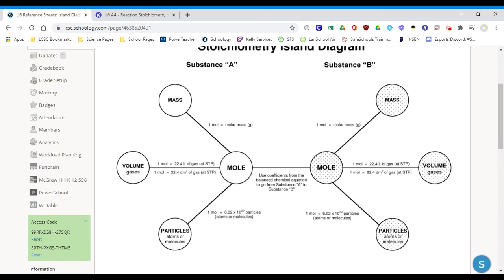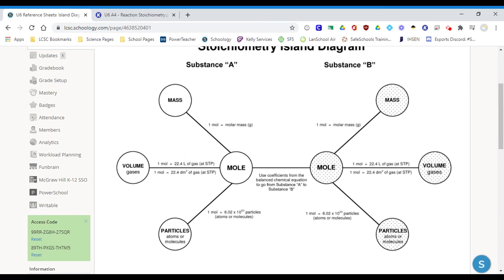I have to go from grams of my first chemical, in this case, hydrogen peroxide, to moles of hydrogen peroxide, from moles of hydrogen peroxide to moles of my new chemical, my substance B, my oxygen, and then from moles of my new thing to particles of my new thing. So moles of O2 to particles of O2.